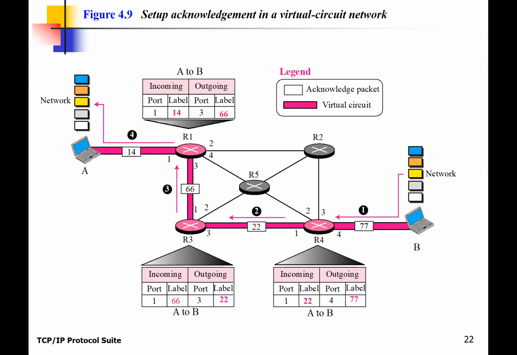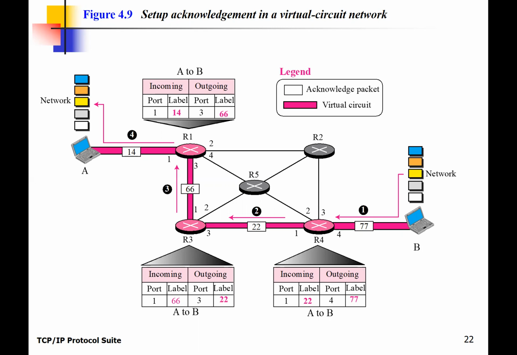So A will send a message, okay, we'll use label 14. When this router receives label 14, what will this router do? Well, it will label it and send it through here. So now this router receives a label called 66.